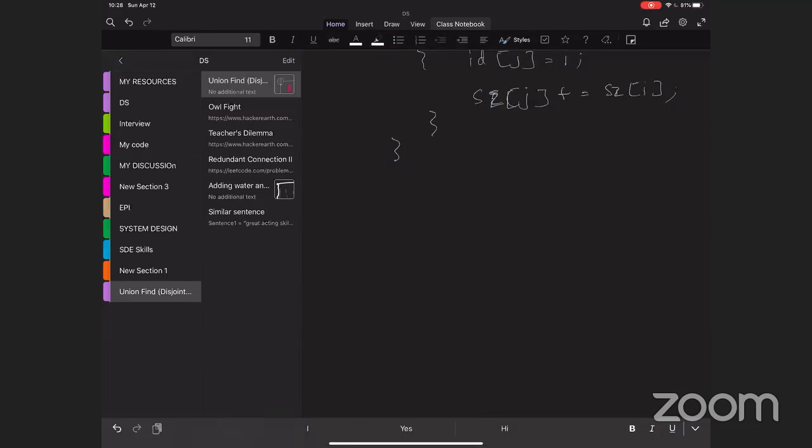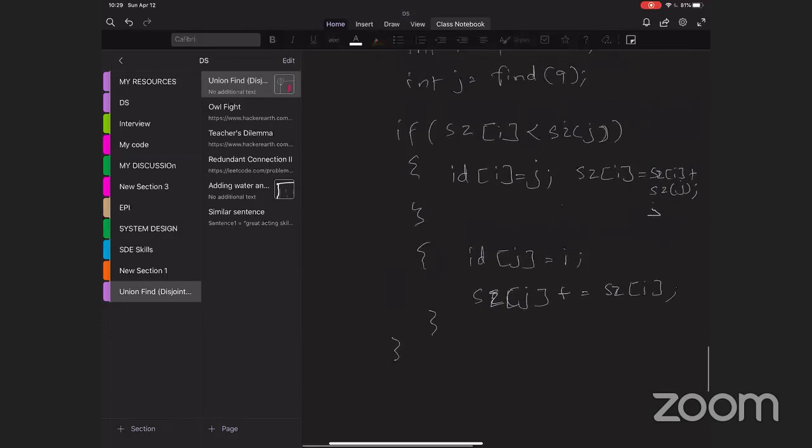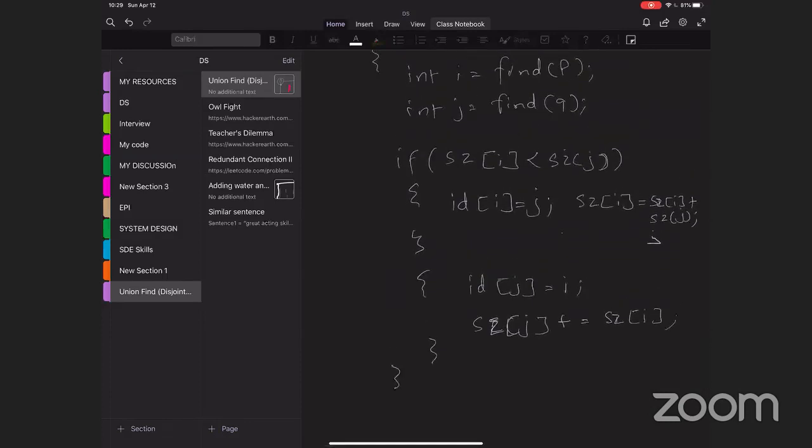I think that would be helpful, Bhavesh, because I have a question there in the first block. I was thinking that maybe size of J should be increased in the first block because J is the root. But say that again. If you scroll up a little bit. Here, in the first if block, basically J is bigger, right?